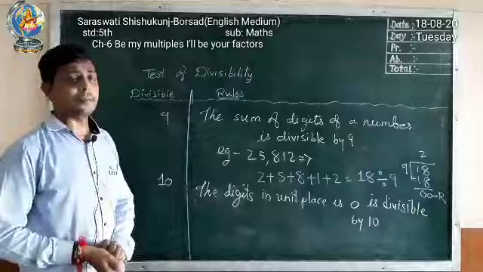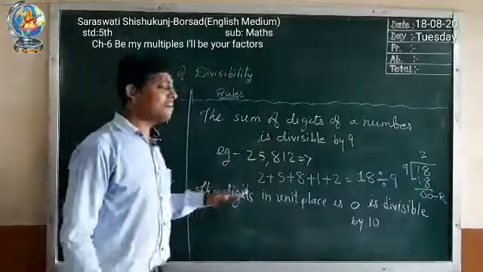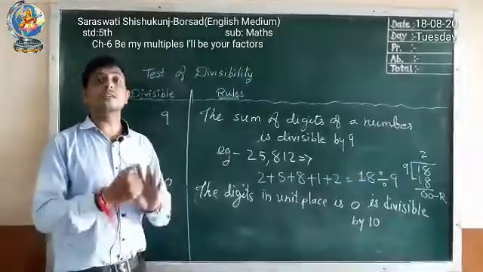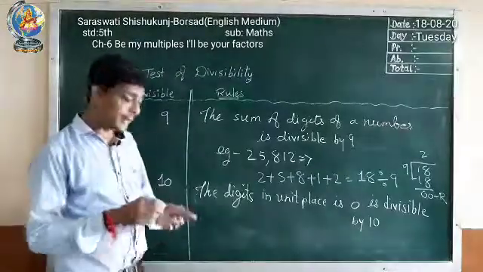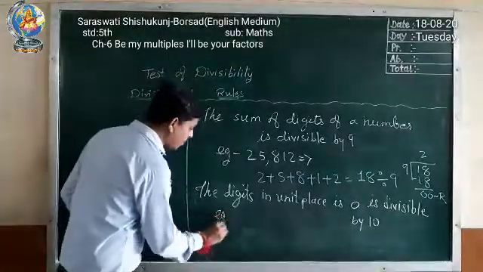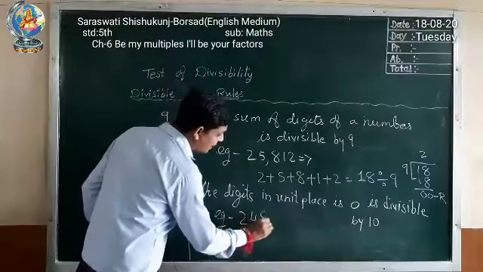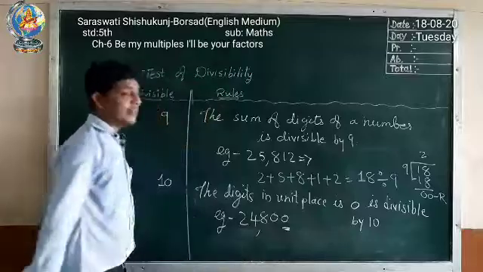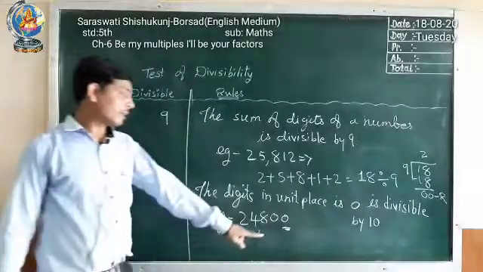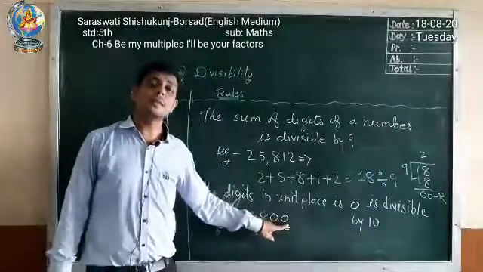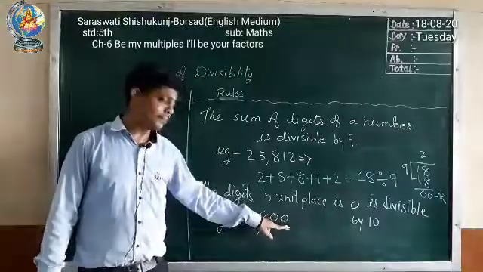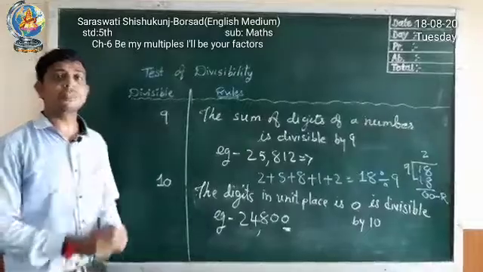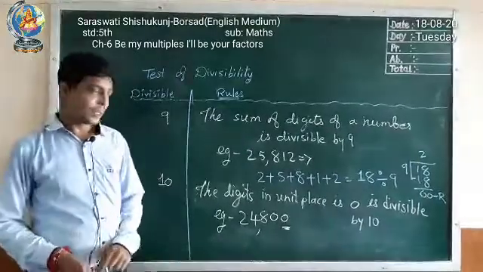It means what you have to keep in mind is that if the number at the unit place is 0, then the given number is divisible by 10. If I take an example, 24,800, here you can see the last place, the unit place, is 0. Whenever you get 0 here, it means the given number is divisible by 10.